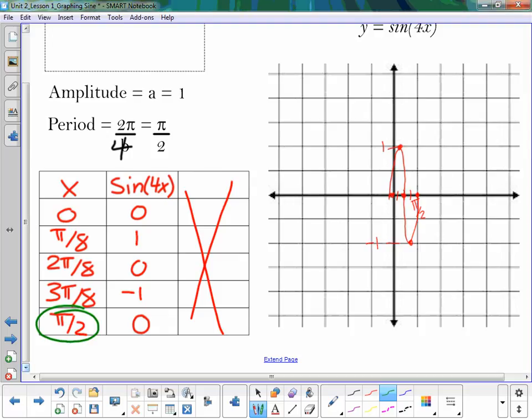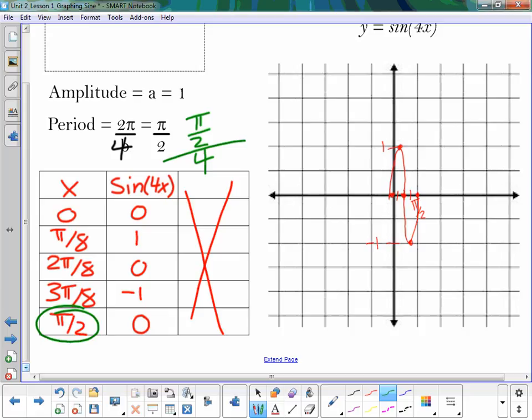Right, so the way I find out these values is I divide the period by 4. So pi over 2 divided by 4. I'm dividing up this period of pi over 2 into 4 equal intervals.